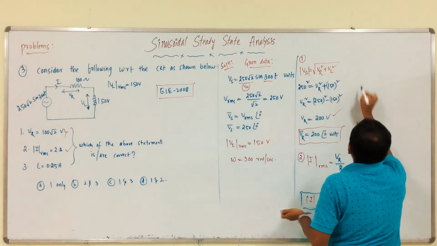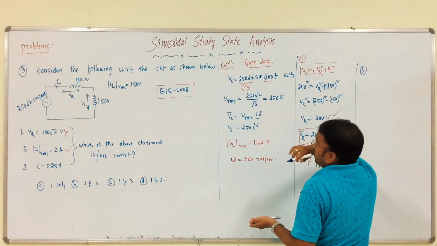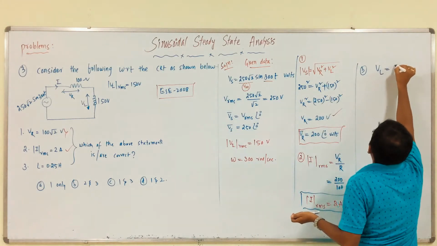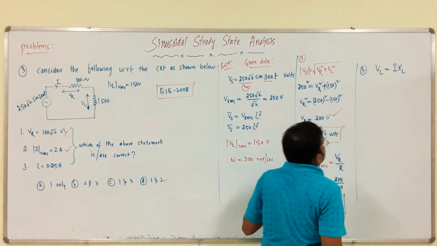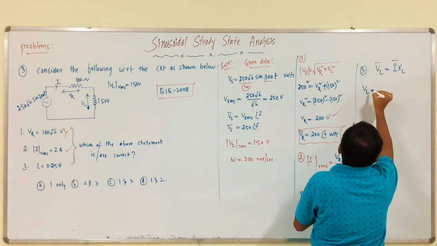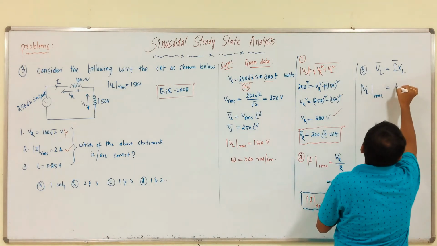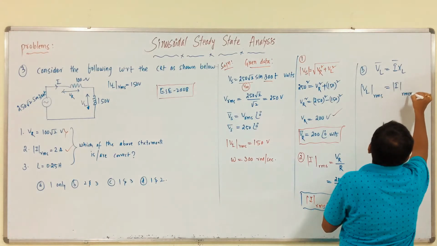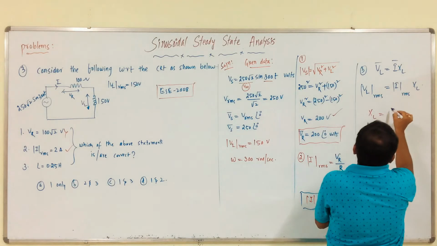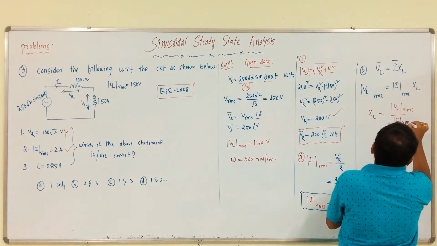Next, the third one: L we have to calculate. Simple, we know the formula VL RMS equals I RMS into XL. From this XL is VL RMS by I RMS.